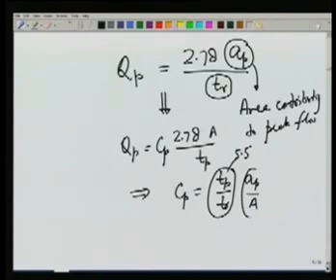AP by A will generally vary from catchment to catchment, and therefore the value of CP also varies depending on the value of AP over A, and it has been found to vary from about 0.4 to 0.8.